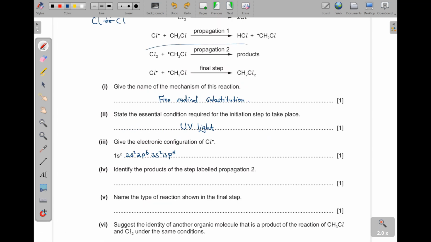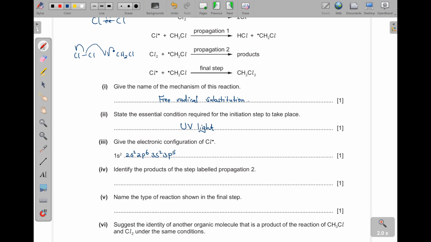Then from there, Roman 4, they are saying identify the products of the step labeled propagation 2. So for this one here, what is going to happen is this. You have a chlorine and then a chlorine. Then you have this CH2Cl, it's a radical. So this one breaks while sharing that electron, as this one also breaks off.